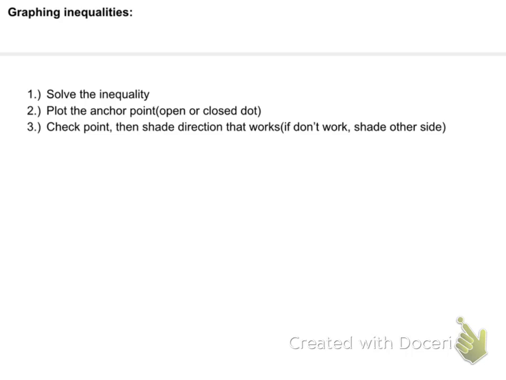We just did that about 15 times. 2, plot the anchor point, the number that you're given. Is it an open or closed dot? I'm going to have to go back up to the first page and recycle on that one. 3, check a point, usually 0. Then shade the direction that works. If it doesn't work, shade the other side. I'll get to that in a second.